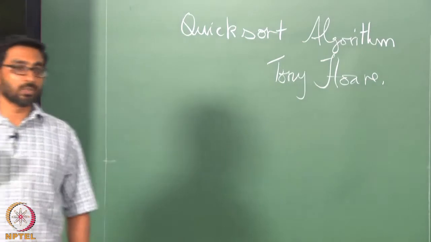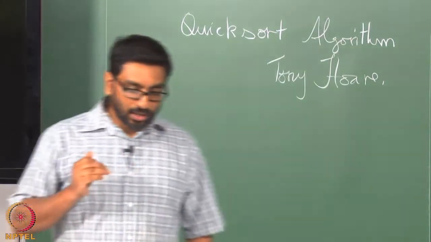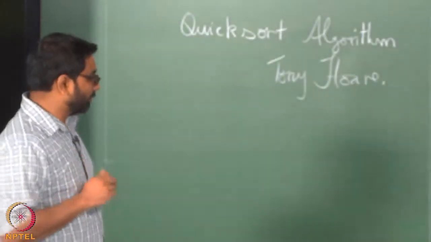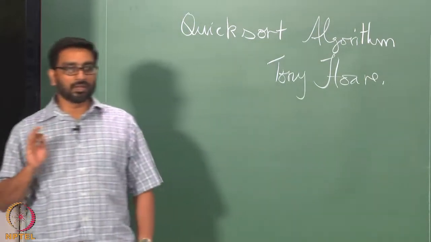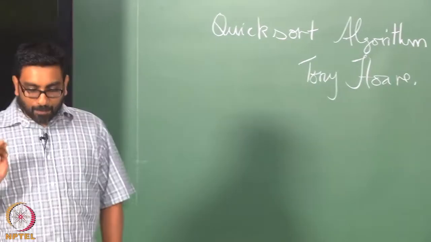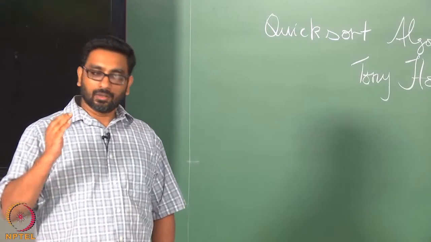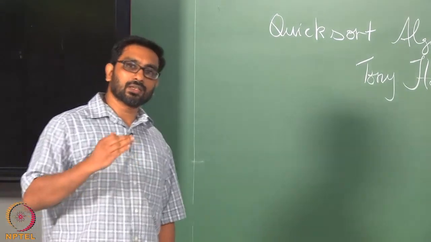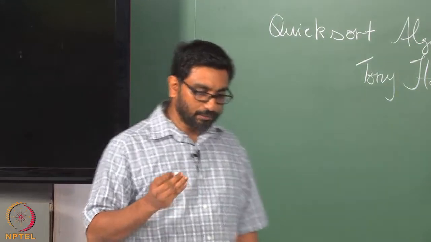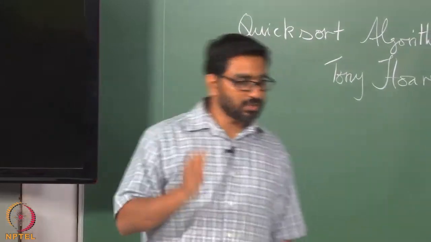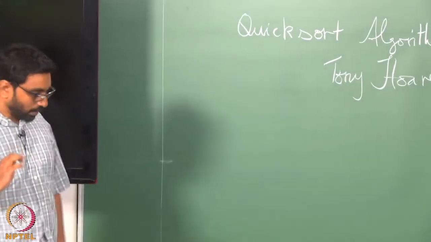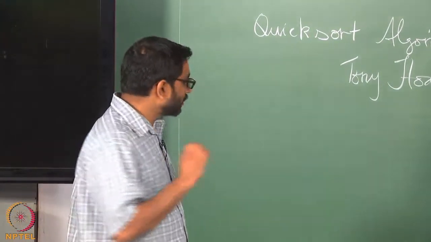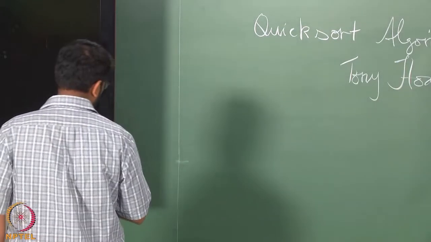It's turned out to be extremely good, and variants of quicksort are used extensively in a variety of contexts. But the way quicksort works doesn't necessarily give you very good asymptotic running time bounds if you expect it to be deterministic. We'll look at that more carefully, but for now let's remind ourselves how this algorithm works.